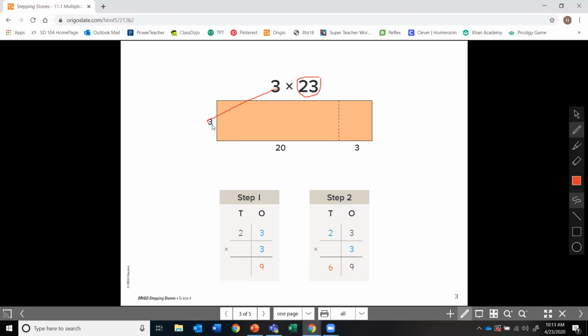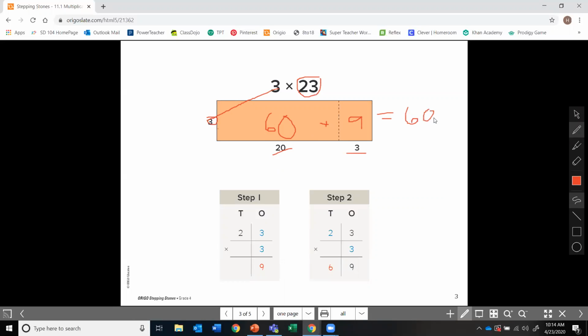Okay, the 3 is a number by itself, so it gets a side by itself. The 23 is broken up into 20 and 3. Okay, and then you would do 3 times 20, and you would get 60. And then you would do 3 times 3, which is 9. And then you would take those 2 numbers and you would add them to get 69 as your final answer.